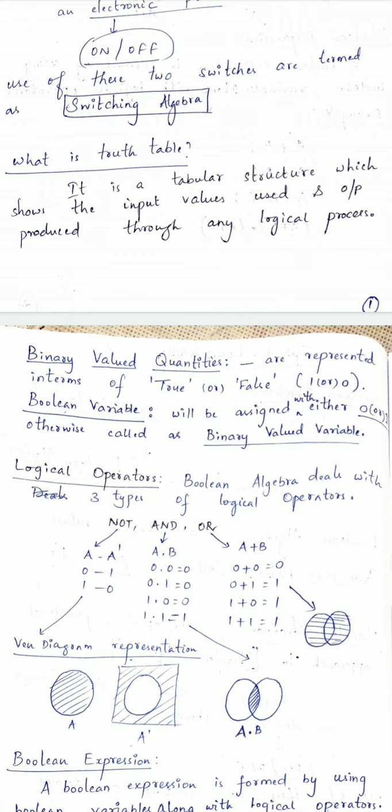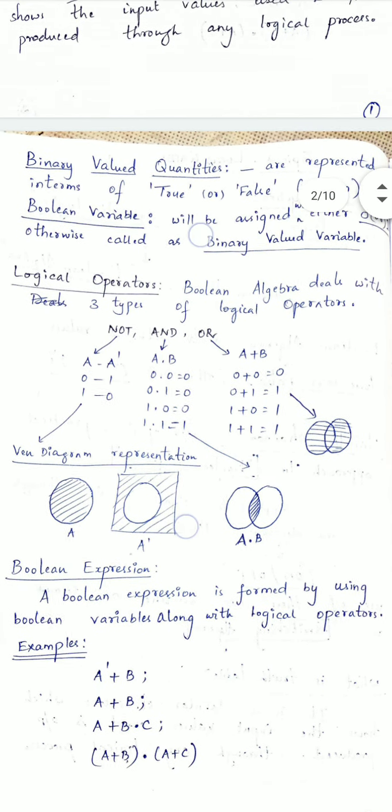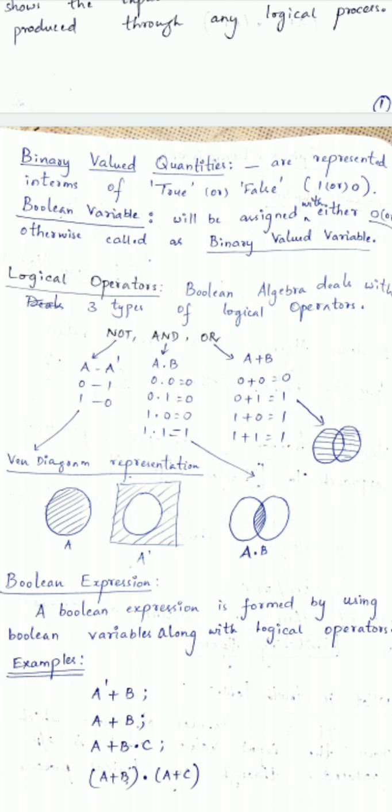Okay, and you should know logical operators. There are 3 important logical operators here: not, and, or. And is multiplication, or is addition, and not is inverse. If 0, then 1; if 1, then 0.